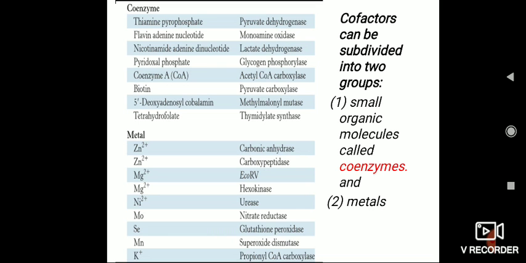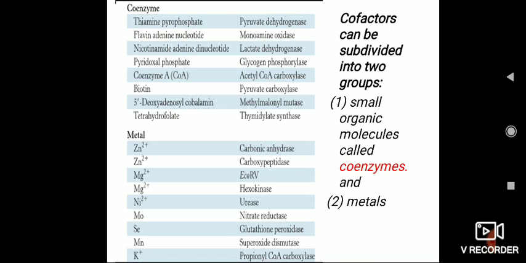So this is a small summary, or a list of some of the cofactors which are divided into coenzymes and metals. And the coenzymes again are the organic molecules, small organic molecules, and the metals are the inorganic molecules.